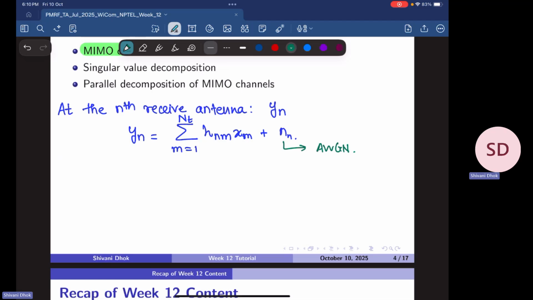Now when we stack all of these y's in a vector, we get a vector y. We'll have y1, y2 and so on till y_NR.